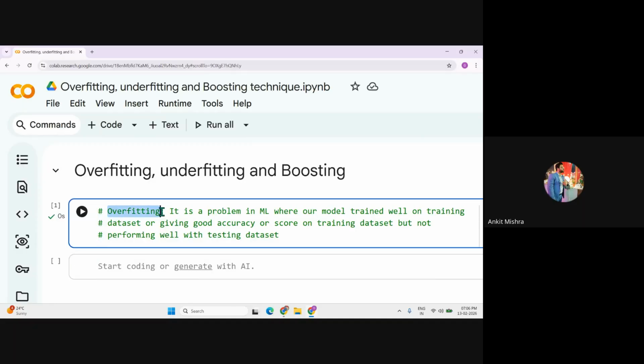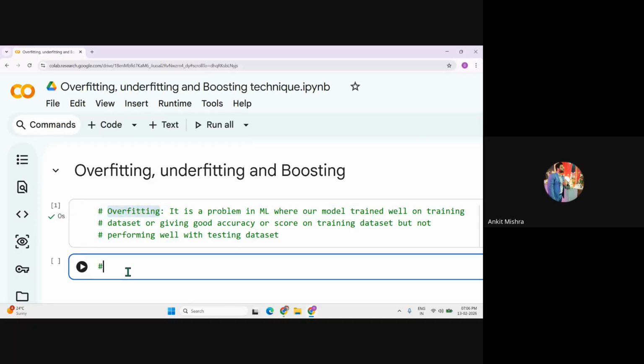And in the same way, we have another problem that is called the underfit concept, right? So the model is not performing well either on the training dataset or on the testing dataset.